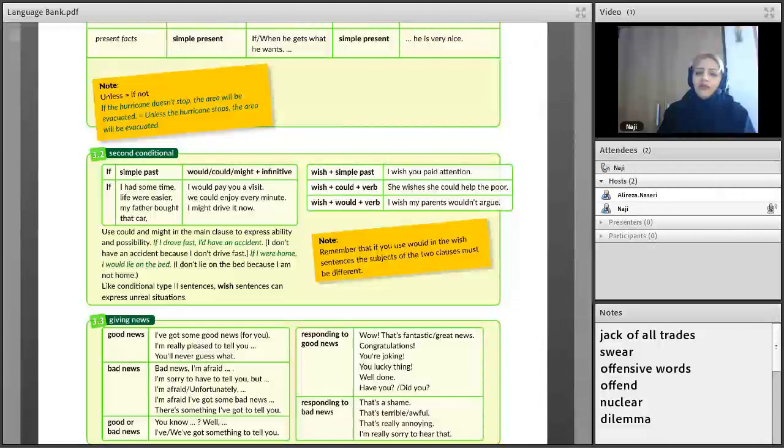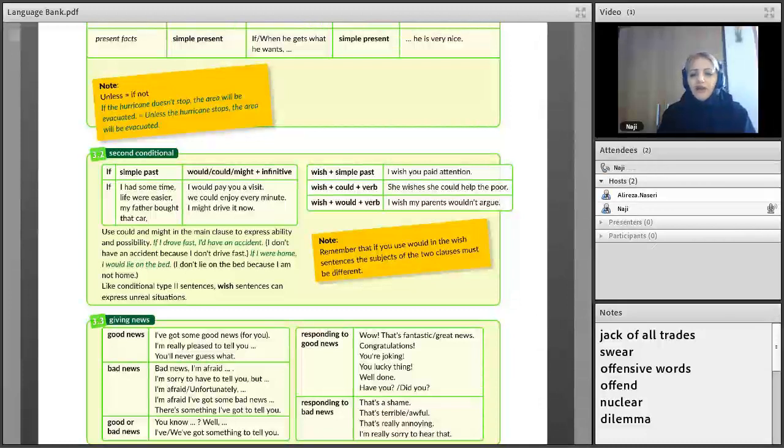So in type 2 if clauses, the situation is now, but the tenses, in the if clause and the consequence, are both past. If I lived in another country, I would enjoy every minute, for example. Good. Or I would miss my family.